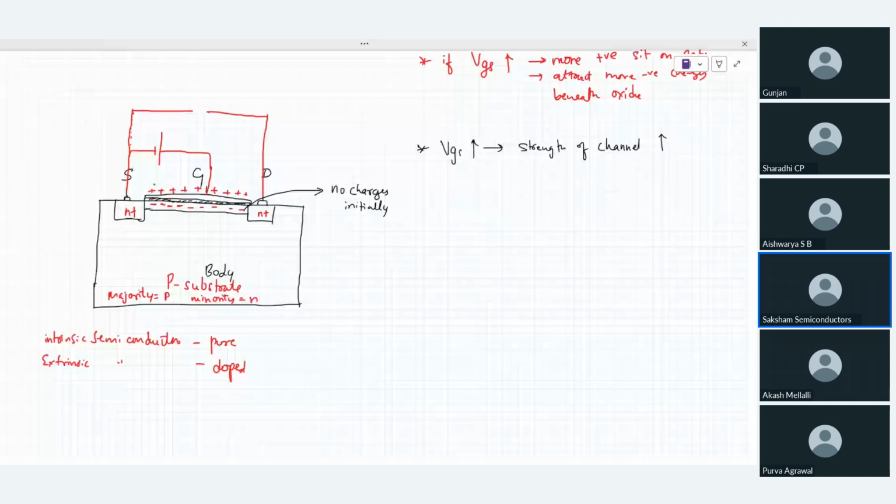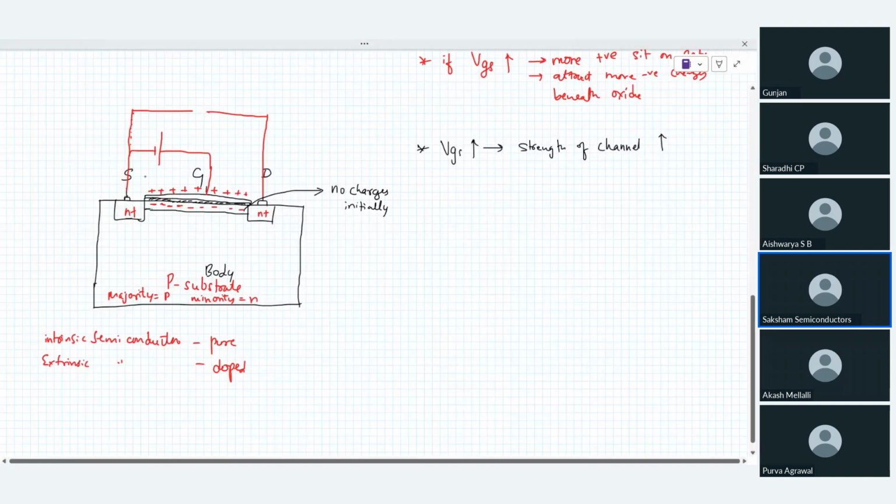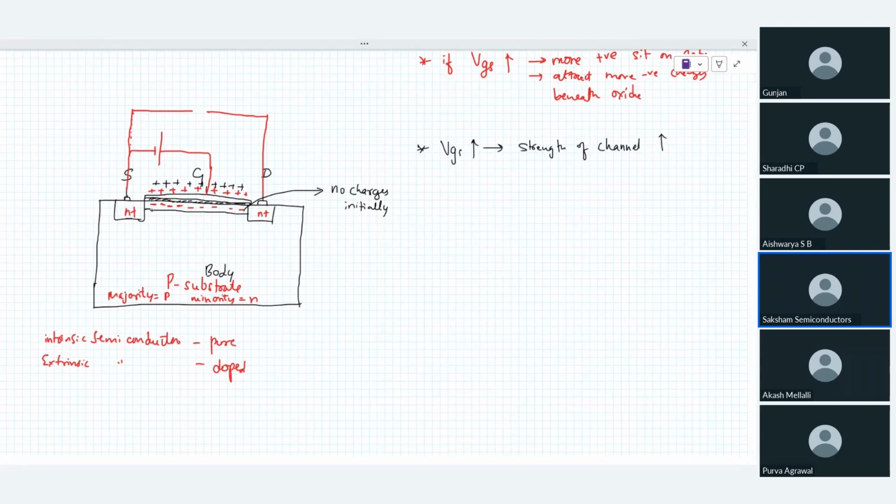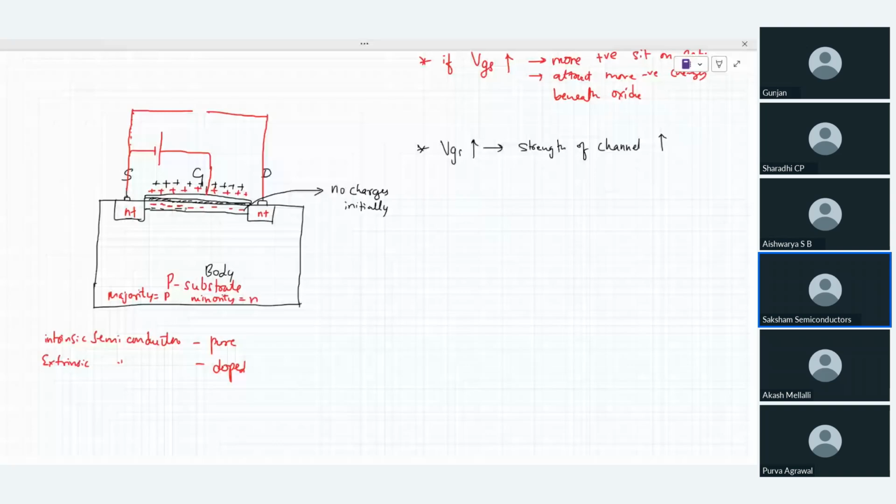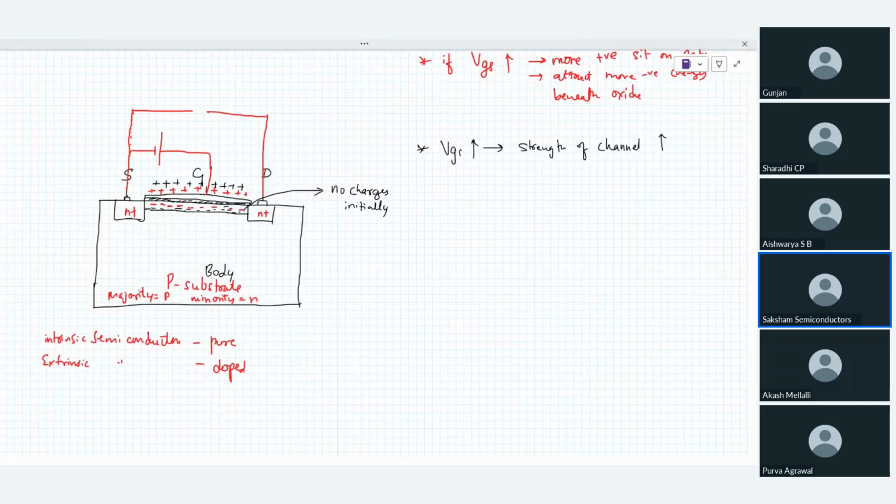That means if I keep pushing in more and more positive charges, if I'm increasing VGS, it is going to ensure that more negative charges are attracted beneath the oxide layer. Now, this entire scenario, initially it would be haphazard.